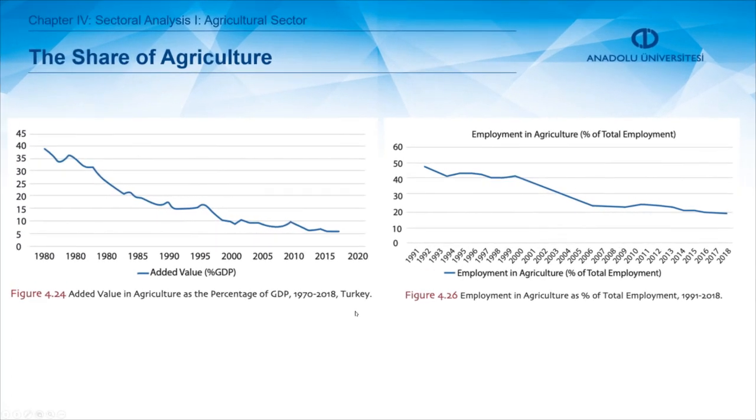Lastly, when we look at the share of agriculture, we see a decreasing trend, both in terms of added value and employed people count as a percentage of total employment.